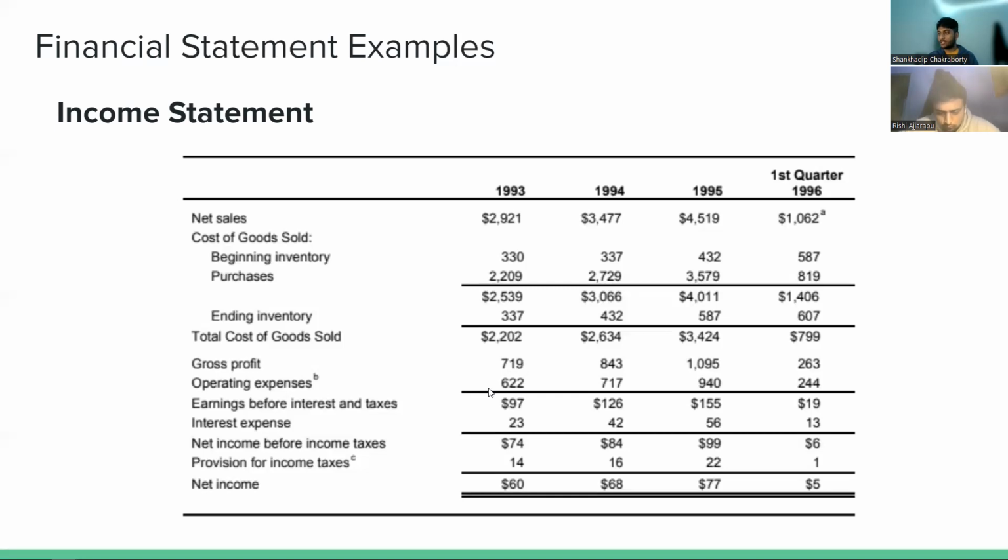Operating expenses, 622. Now, operating expenses, this is usually where SG&A comes in. This is where the company needs to pay rent if they're renting out a facility or they're leasing out a facility. This is where payroll comes in, salaries and wages, and other forms of short-term payments that they need to pay instantly. That goes directly into operating. It ties directly back to a company's operations.